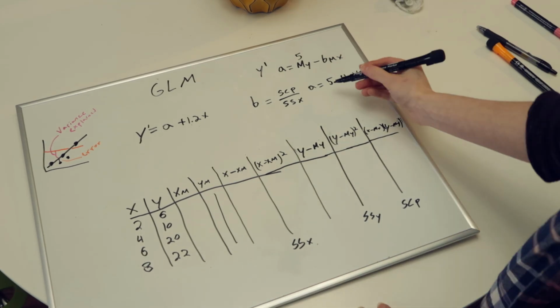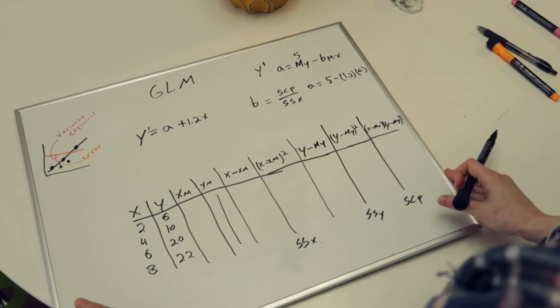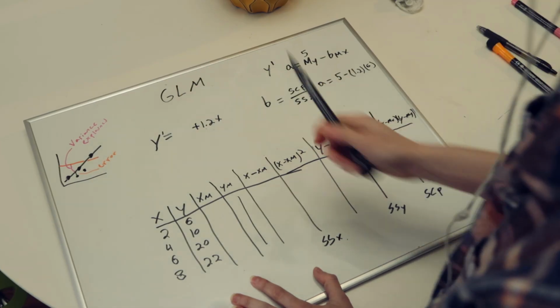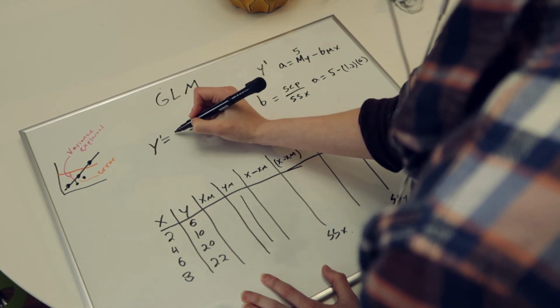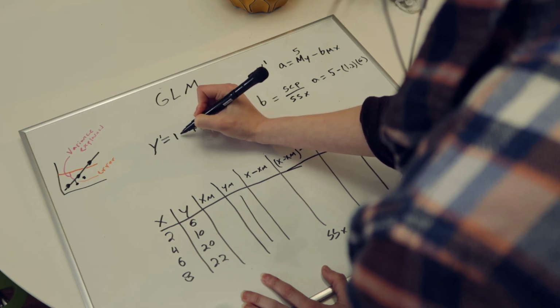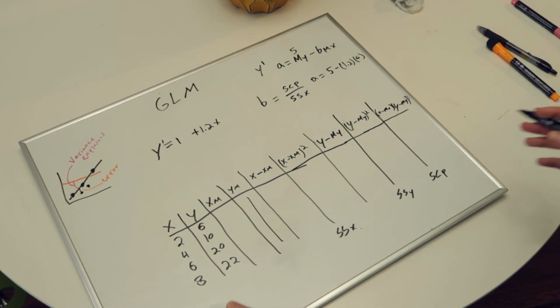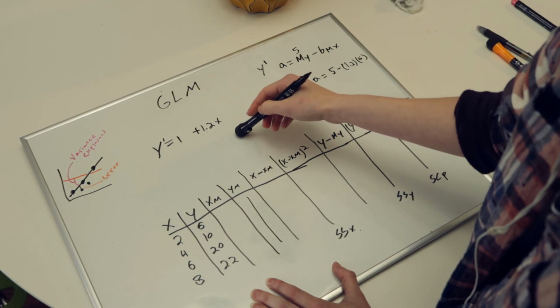So then when you solve for that, you have your intercept. I'm just gonna sort of make up a value. Anyway, so then you're able to put all of these y's in there.